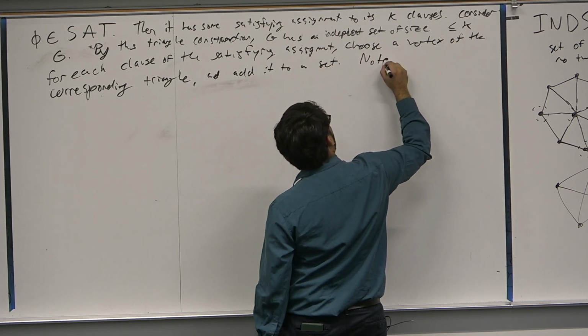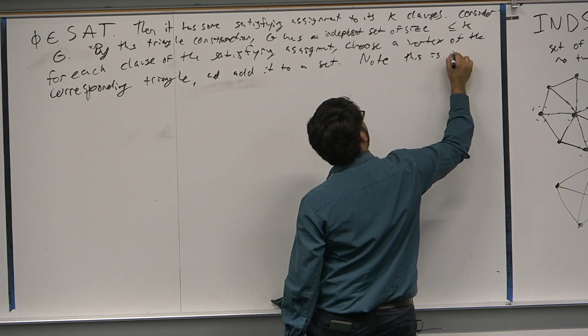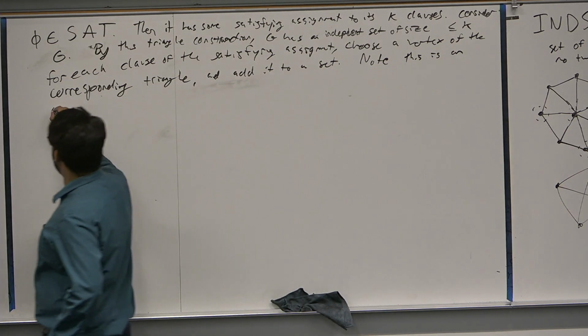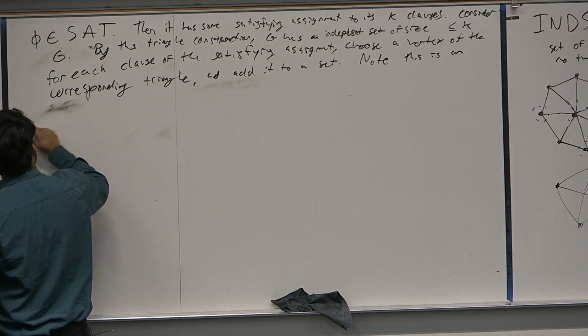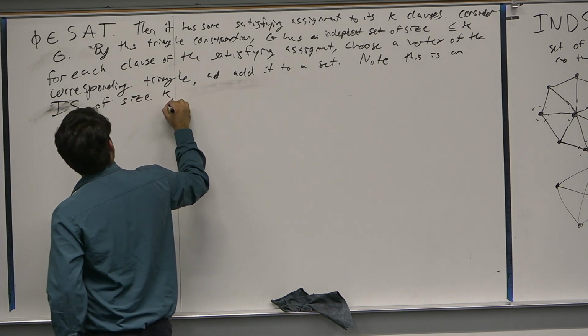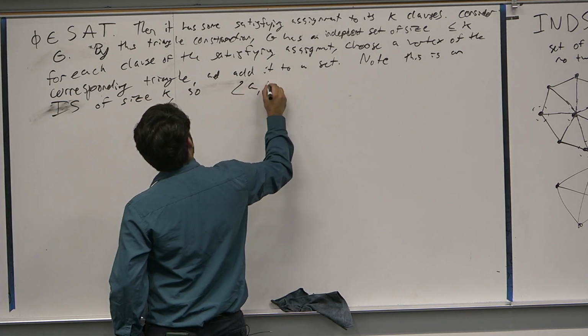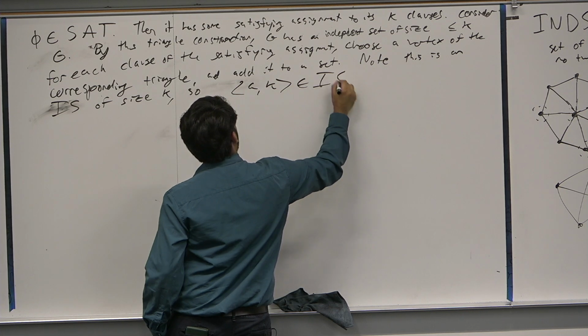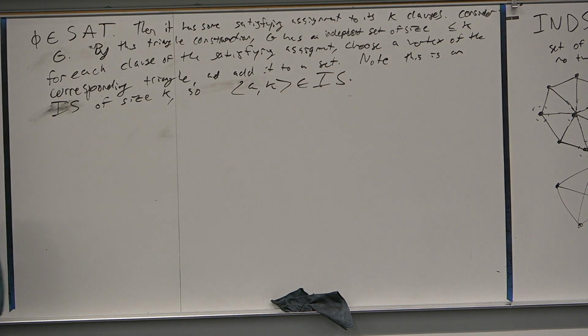Note this is an independent set of size K. So (G, K) is an independent set instance. We've proven one direction of the implication.